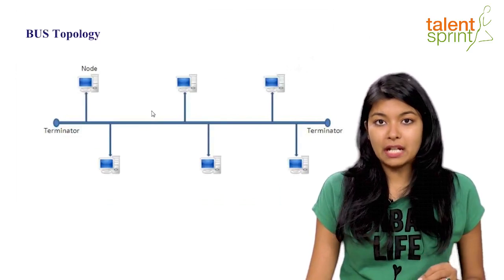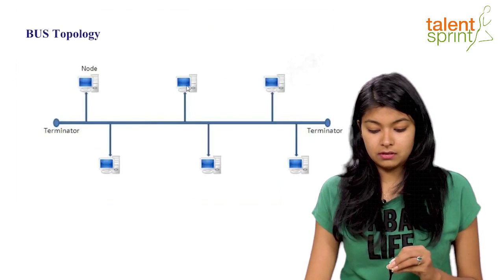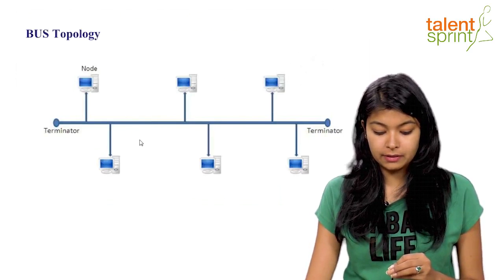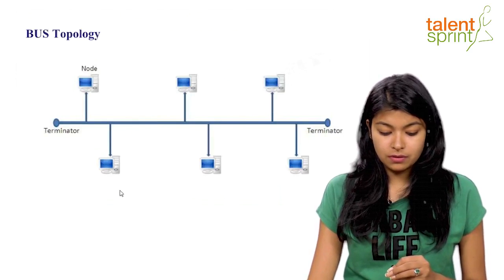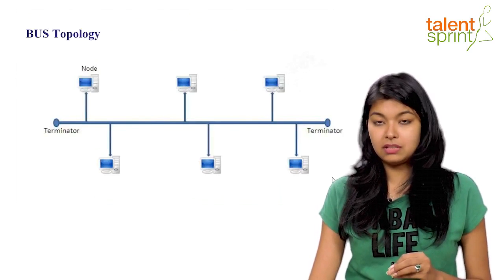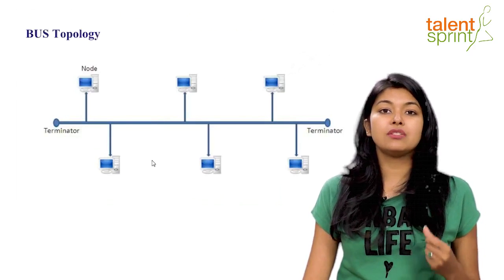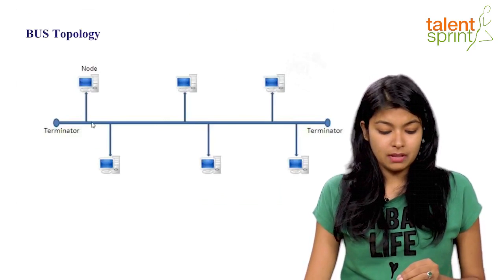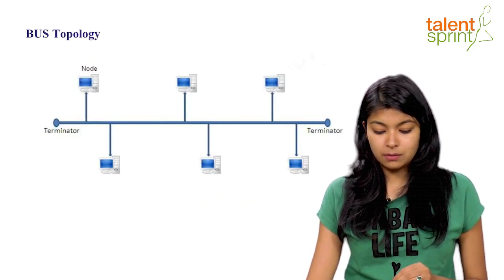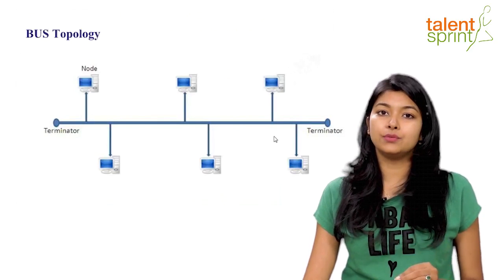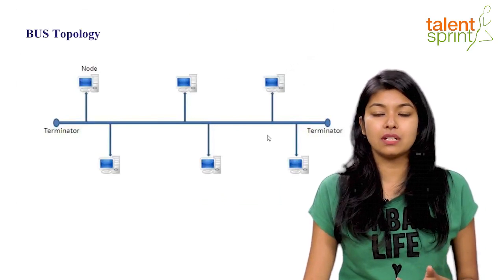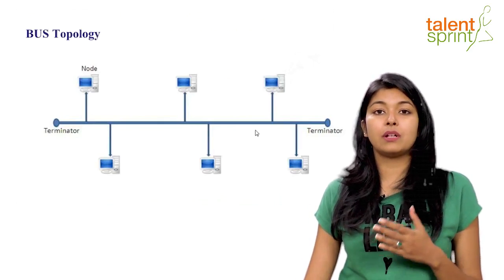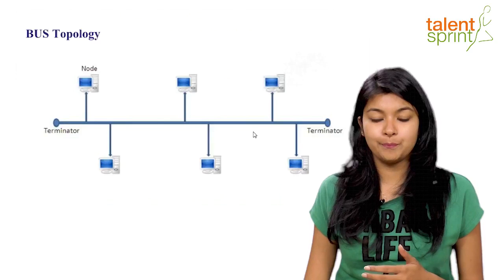At any point of time, if this wired network breaks from anywhere, let's say there is a break at this point, these 2 nodes will not be able to communicate with these 4 nodes. That is a very major disadvantage of bus topology. But at the same time, since all the computers are connected to the main line, the wires used, the actual infrastructure used in making this network, is very, very less. Hence the network cost is very cheap.